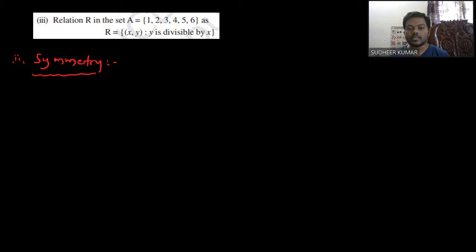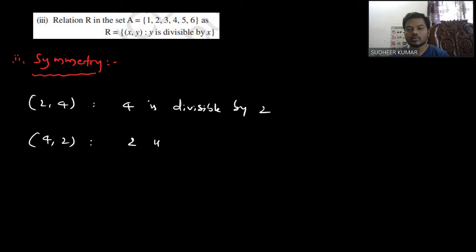The next one is symmetry. Here let us take (2, 4). 4 is divisible by 2. So change this as (B, A), that is (4, 2). 2 is not divisible by 4 exactly.